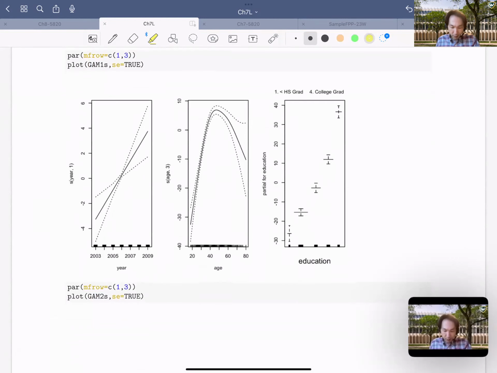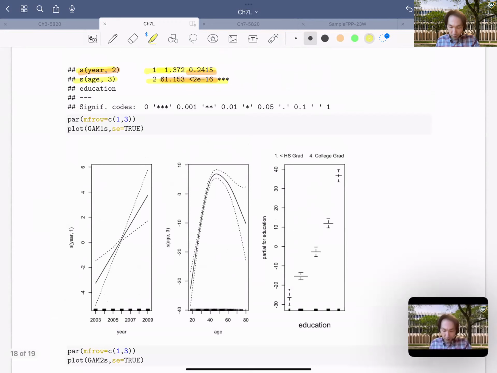And this is also, I think, probably the confidence band for the 3 curves.